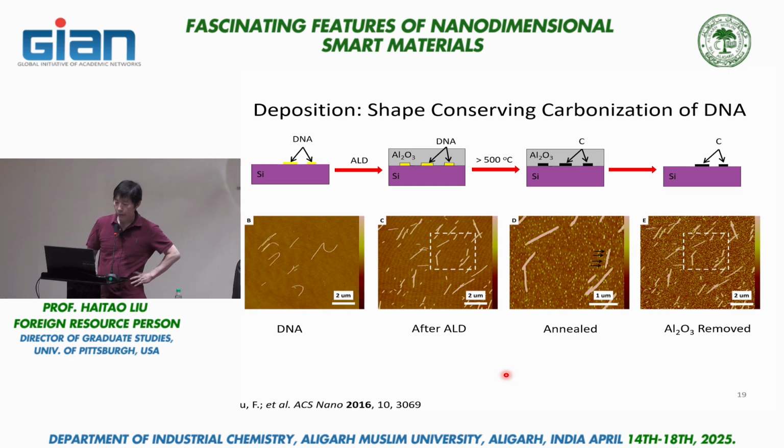So at one point we got interested in figuring out whether we can convert DNA structure into a conductive carbon material. And this may or may not ultimately solve the need for nanofabrication of electronic devices, but I thought it's an interesting example of how an organic nanostructure can be used as a precursor to make inorganic materials.